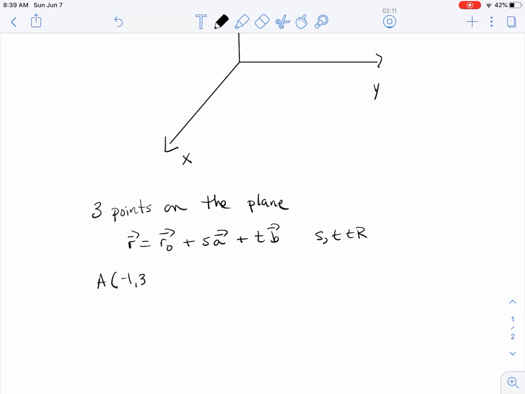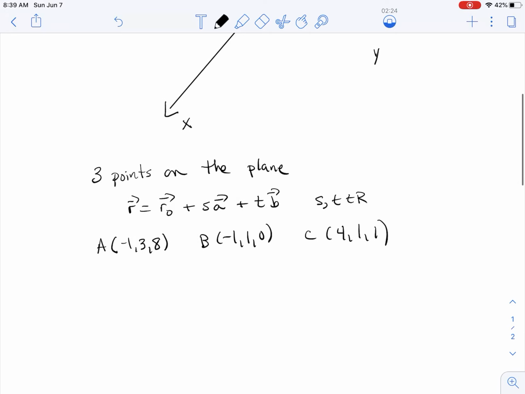Okay, so let's look at 3 points. I'm going to give you 3 points here. A is (-1, 3, 8), B is (-1, 1, 0), and C is (4, 1, 1). So you're going to need 2 direction vectors from this, and you can choose any 2 combinations that you want.